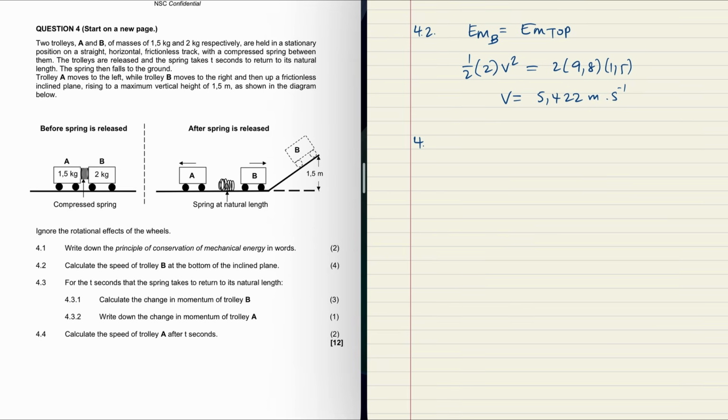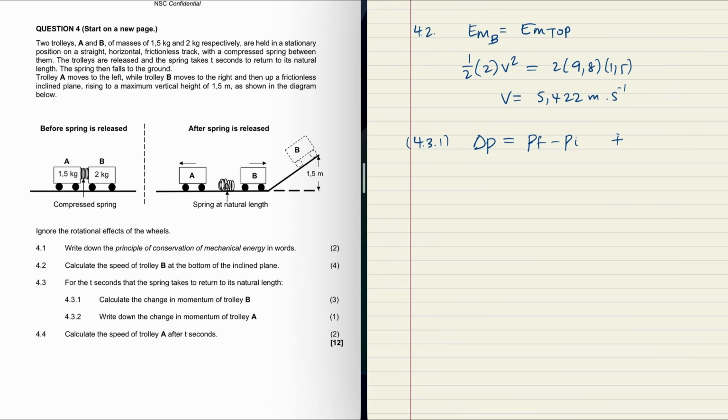Question 4.3.1. For the t seconds that the spring takes to return to its natural length, calculate the change in momentum of trolley B. Now, the whole thing about the spring is just there to throw us off. The spring really doesn't do anything. It doesn't affect our calculations anyway. So calculate the change in momentum. The change in momentum is delta P, and that's equal to P final minus P initial.